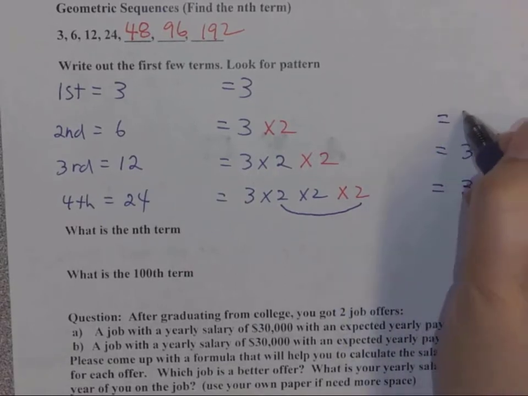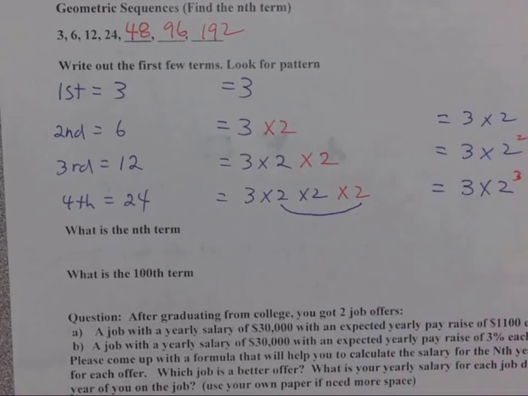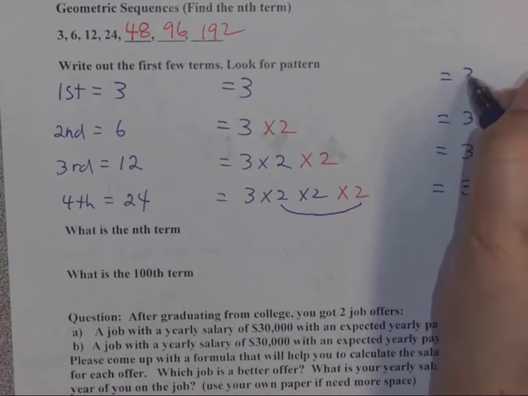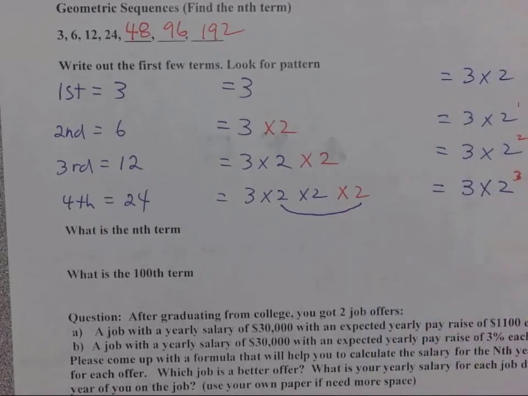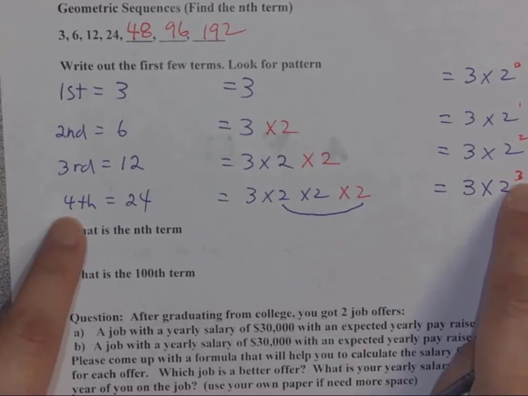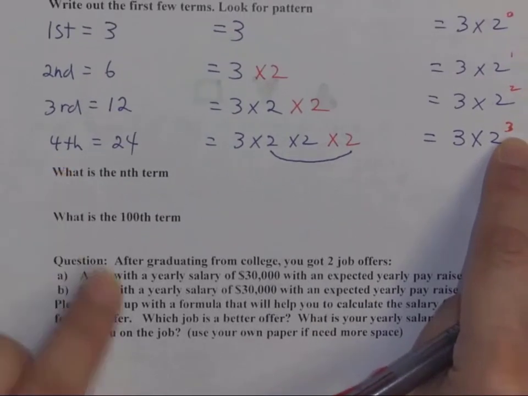And then 3 times 2 to the first. And the very beginning, we have 3 times 2 to the 0, because anything raised to the 0 power is 1. So hopefully you can see the pattern. The exponent is going to be 1 less than whatever term that is. Very good.